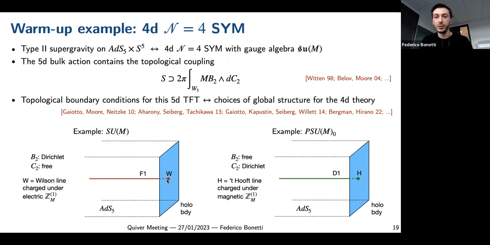And then, of course, there is the S-dual picture where we exchange B2 and C2 and Wilson lines and 't Hooft lines. So in a sense, what we would like to achieve is a similar description of what's going on for the Klebanov-Strassler, which, as you can anticipate, is going to involve more moving pieces and it's going to be a bit more complicated.